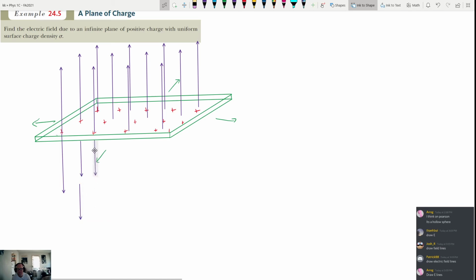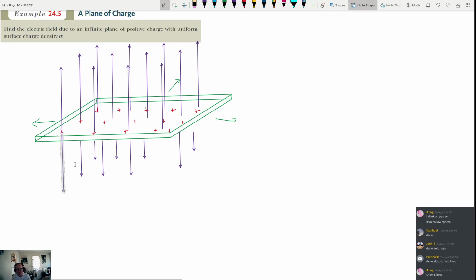Kind of draw it so that you can't see the ones coming out from the bottom or something. Something like that, and just repeat that. You get the idea, hopefully. So something like that. We've got electric field lines.